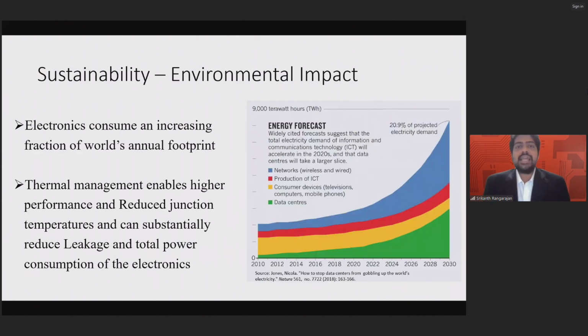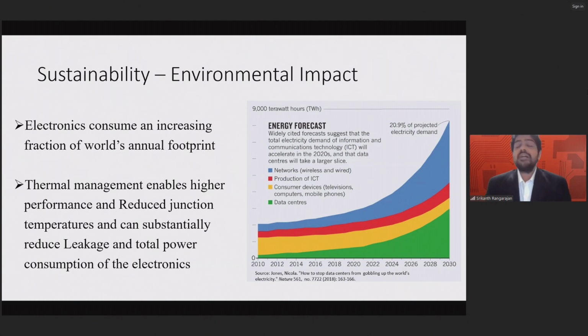So sustainability and the environmental impact of electronics is something that has been a concern in modern day literature. We see from this particular news published in Nature that it forecasts that electronics are going to consume a lot of energy, especially with networks, data centers, and consumer devices.